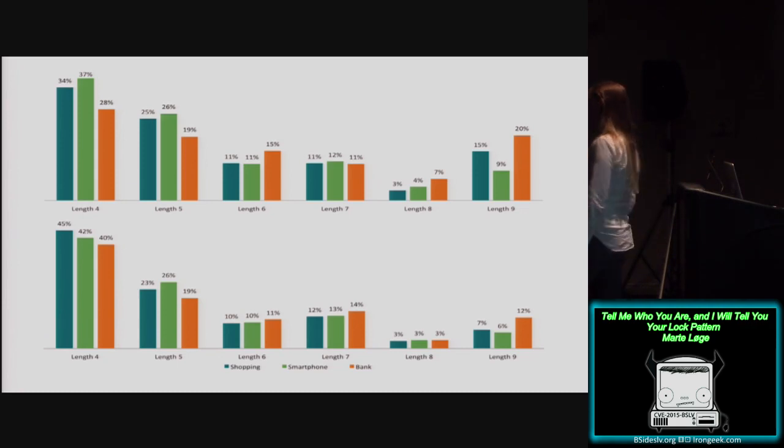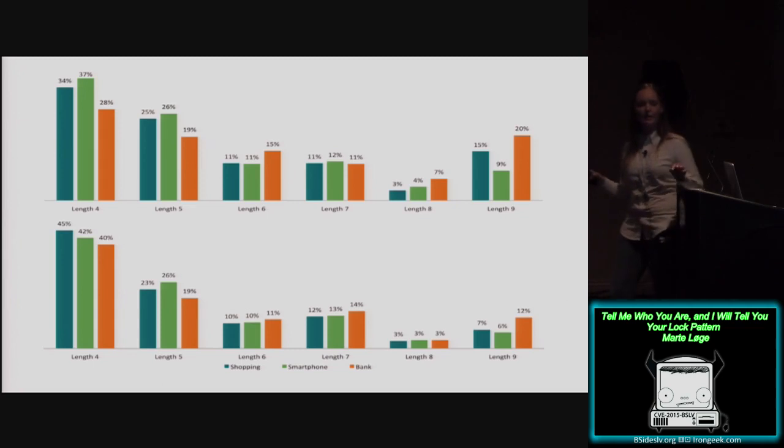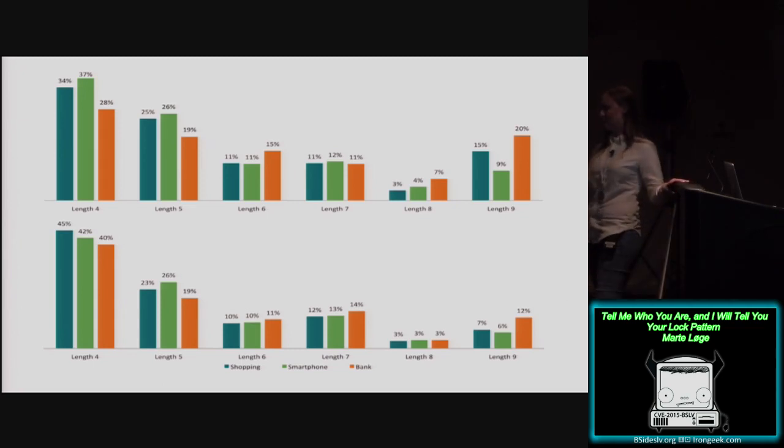So, if only about 4% of the people are creating a pattern of length 8, then you can probably reduce the likely number of patterns from 140,000. I just looked at it. It was really fascinating.